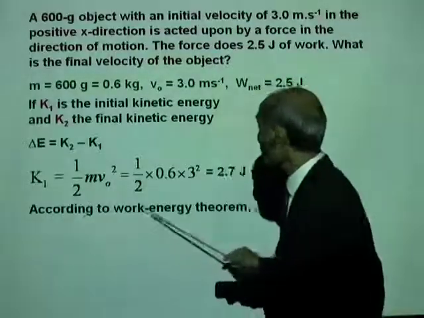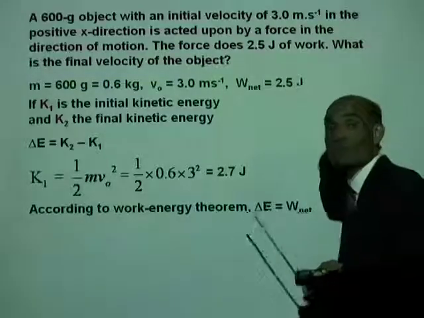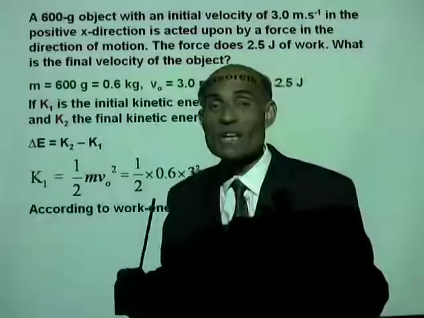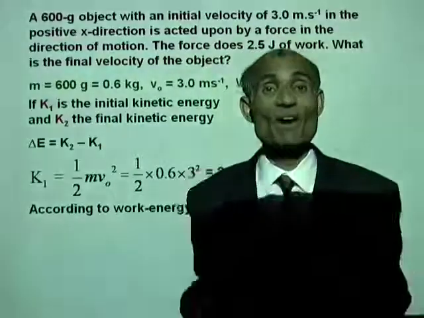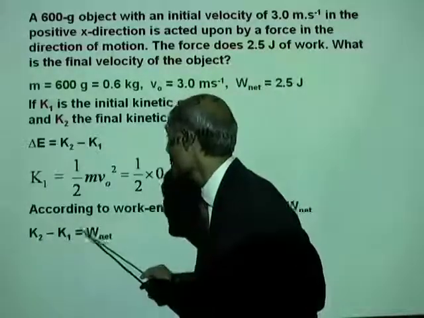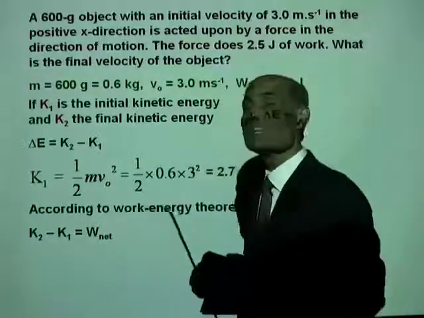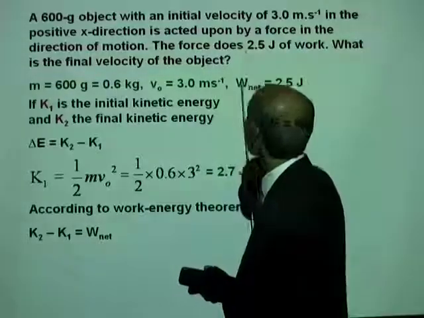Therefore, according to the work energy theorem, delta E, the change in the energy, is a measure of the net work done on the object. So K2 minus K1 equals the net work done. How much is the net work done?